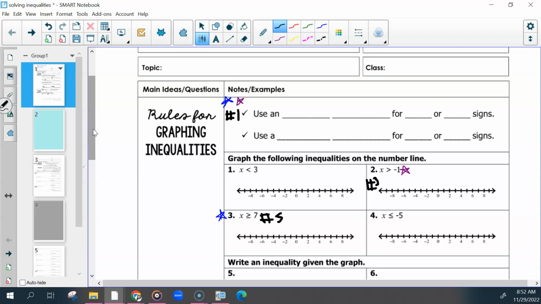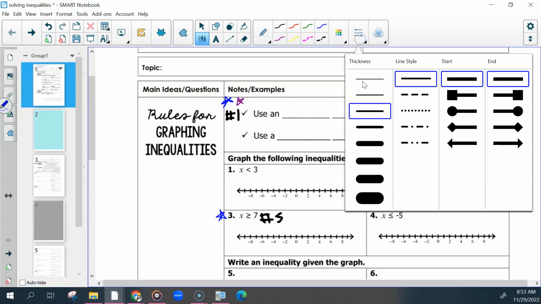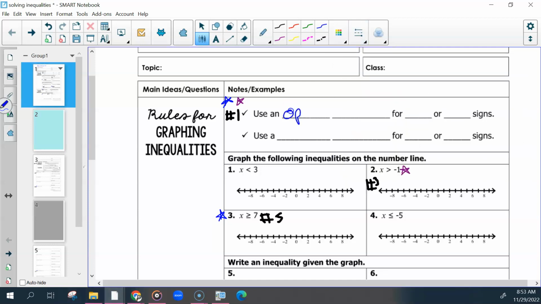All right. So some of the rules for graphing inequalities. We're going to use an open circle for less than or greater than signs.